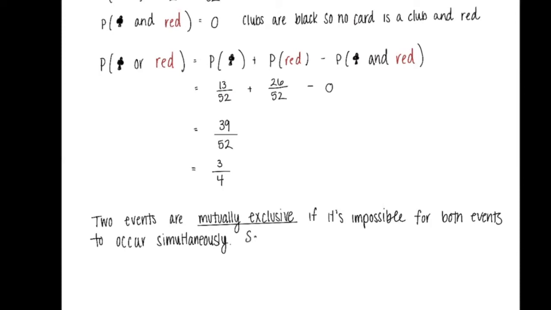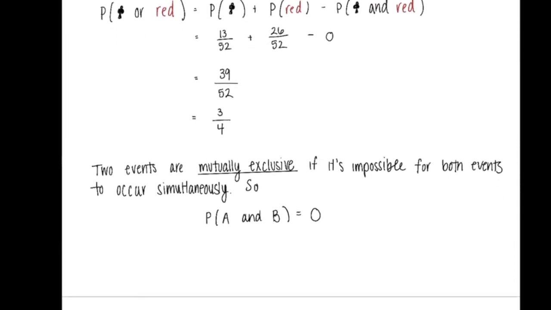So ultimately, if you look at the probability of event A and B, it will always equal 0 for exclusive events. And that makes our calculating the probability of A or B much easier. You just add the probability of each event because there is 0 overlap. Okay.